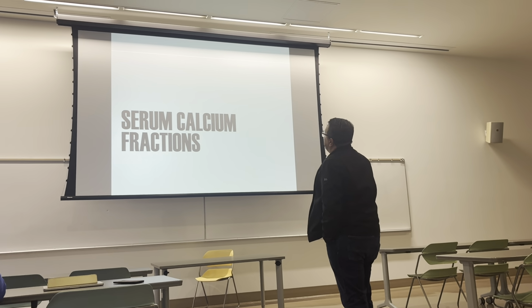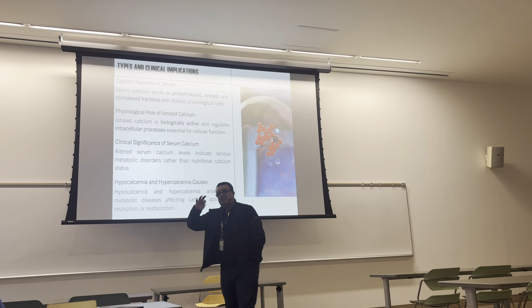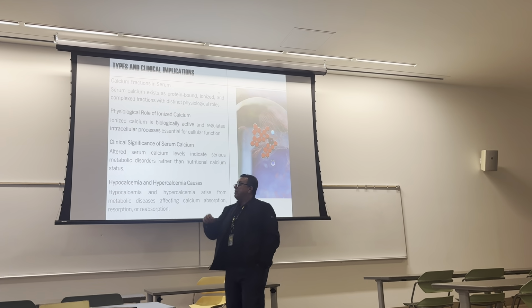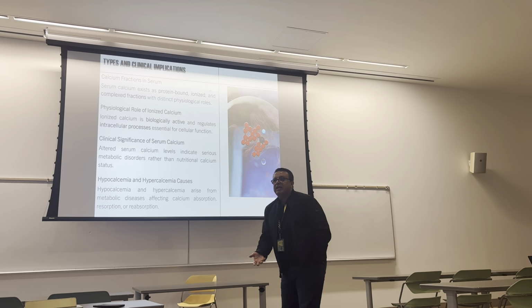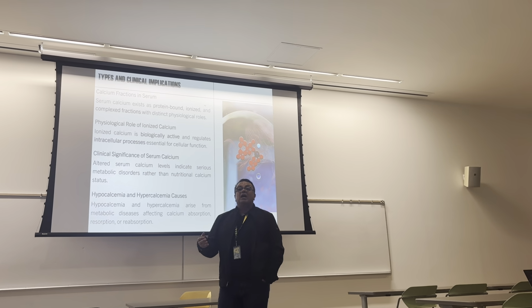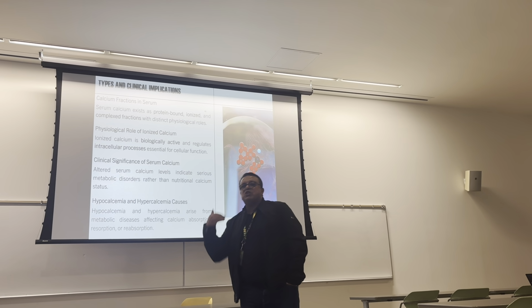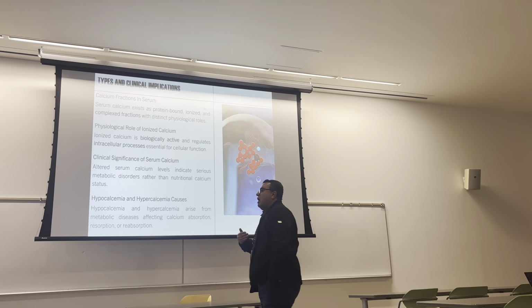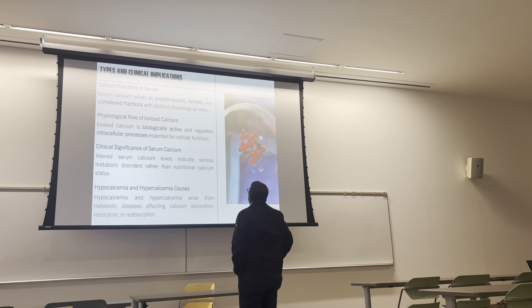Now, serum calcium is present in three compartments. First, the protein-bound fraction, which is biologically inactive. Second, the ionized one, which is the active one, which can move from bone to the blood and from the kidney back to the blood.